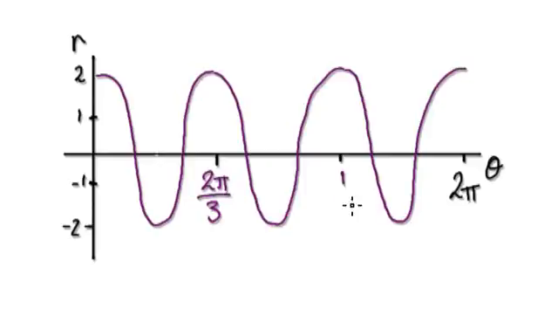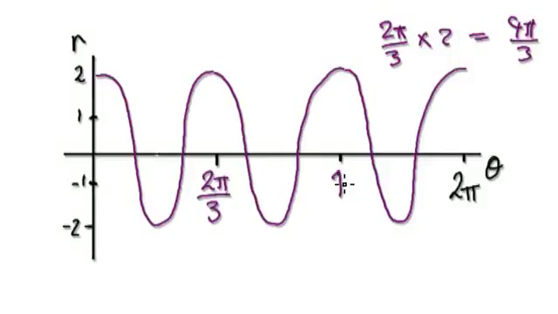This bit here will be this length times 2, so 2 pi over 3 times 2, which is 4 pi over 3. And then cut this up: this length divided by 2 will be 2 pi over 6.